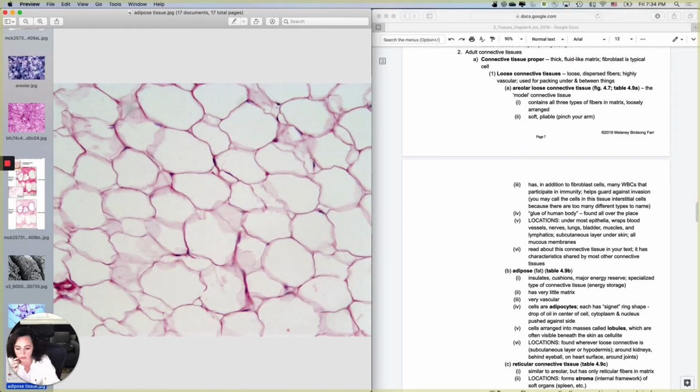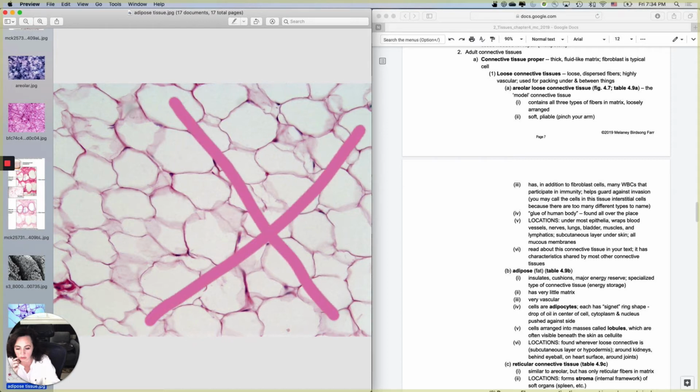I want you to imagine for just a second what this tissue looked like at first, and imagine that there were these big pink collagen fibers, and then these much thinner purple elastic fibers running through, right?